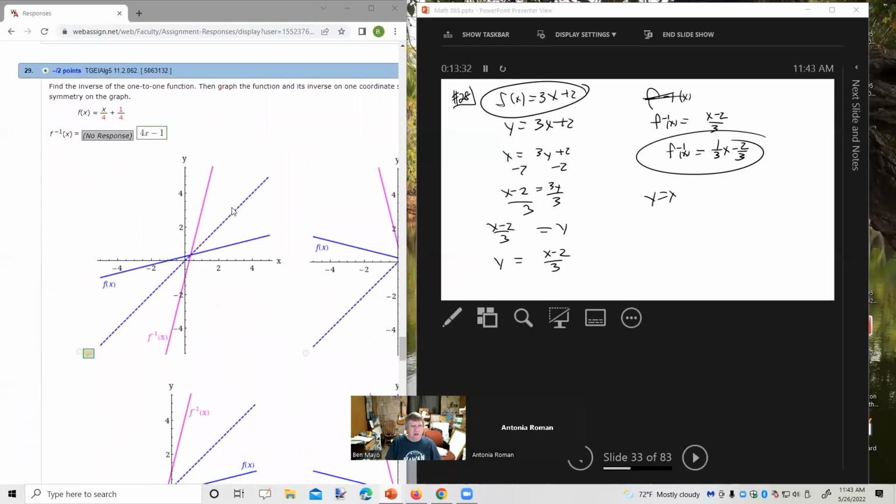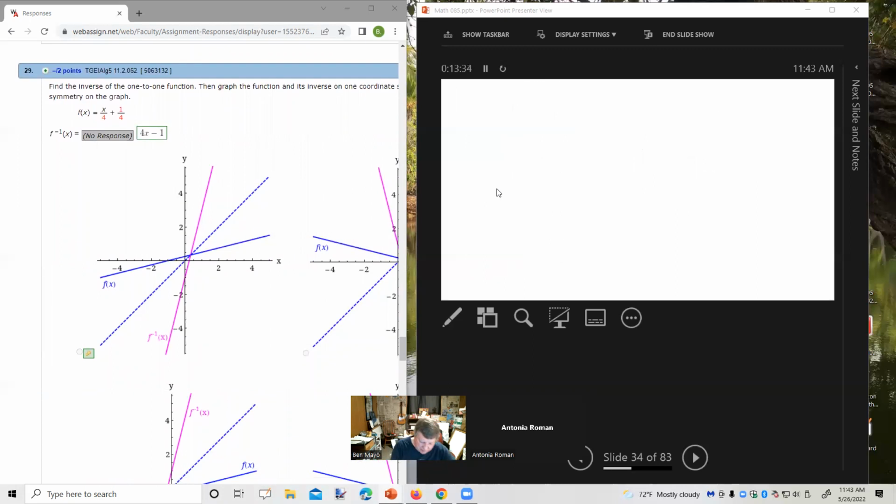Okay, 29. Looks like we're doing the same thing. Find the inverse of the one-to-one function, graph it, et cetera. Okay, so f of x equals x over 4 plus 1/4. So y equals x over 4 plus 1/4. x equals y over 4 plus 1/4.